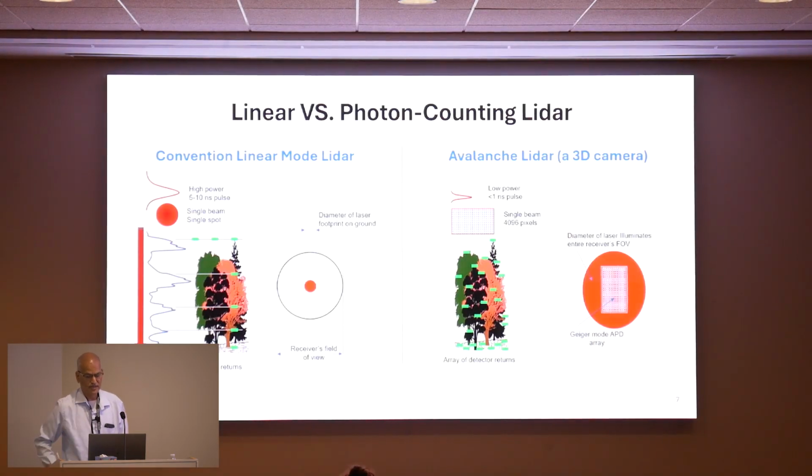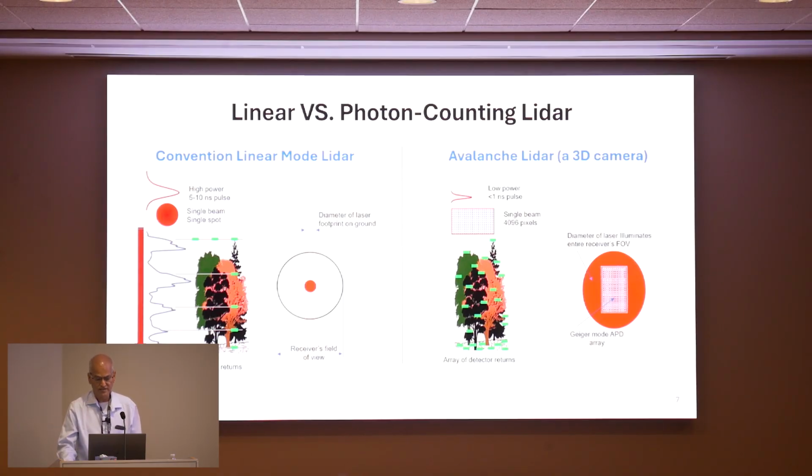So this is a comparison between the linear mode and the photon counting. The linear mode has a high power requirement, with a 5 to 10 nanosecond pulse. What you are seeing here at the center is a single beam, single spot. Whereas Avalanche LIDAR you can treat as a 3D camera.